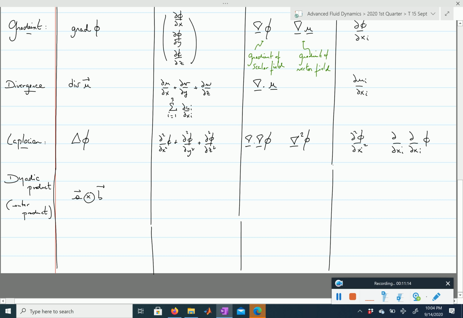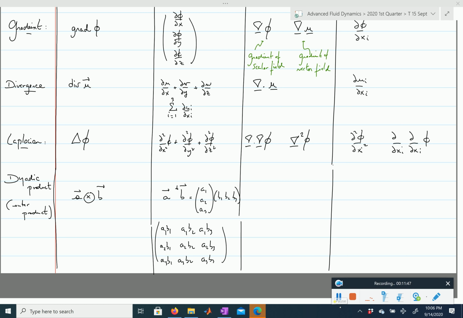In full notation, this corresponds to really the vector A multiplied by the transpose of the vector B. So you could see it as this product between a column vector and a row vector. And so the rank of this dyadic product is, in the end, you have a matrix. It's a rank 2 tensor.